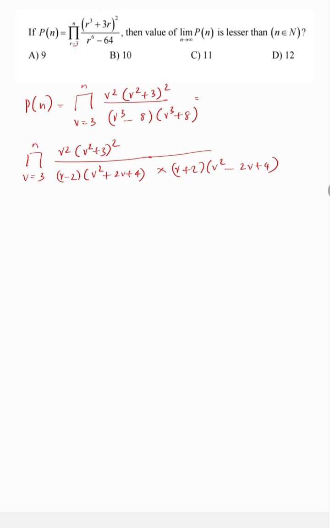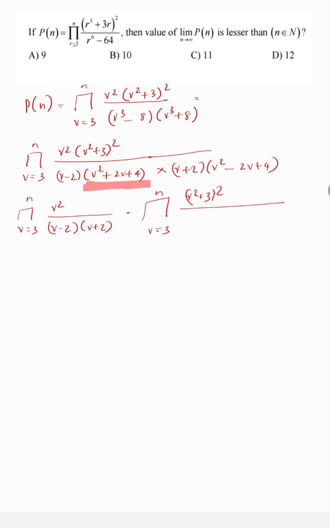Okay. Now a small manipulation here. r square into (r square plus 3) whole square. So I am going to group this square term together. So r square I have written here, r minus 2 is there, and here r plus 2. Okay, into next pi, r from 3 to n, I have (r square plus 3) whole square divided by this r square plus 2r plus 4.